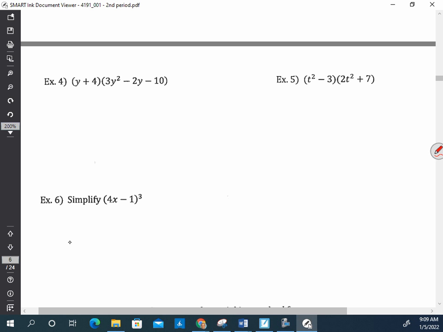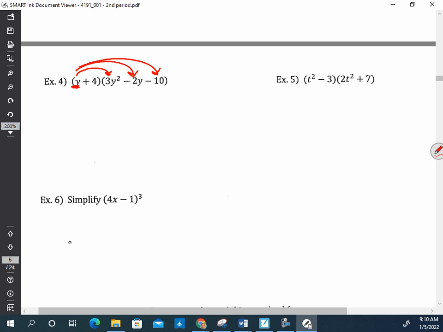So distribute means you distribute everything. If these two are being multiplied together, then first you take the y and multiply it times everything in the second parentheses. Now, when you multiply, this is when the exponents change.